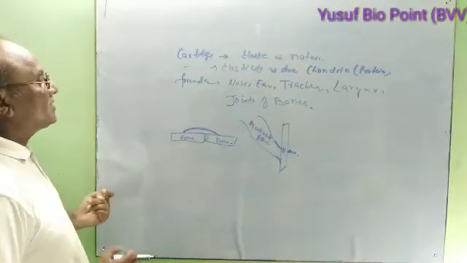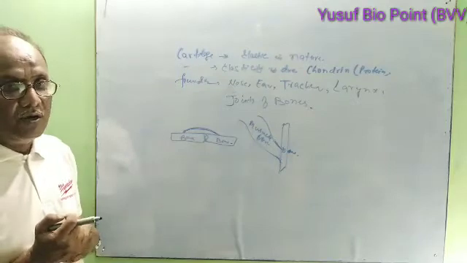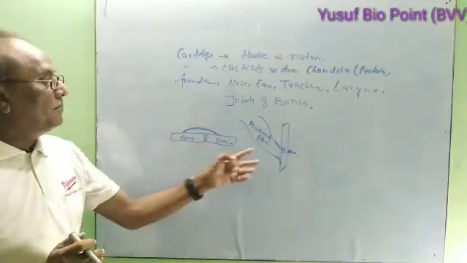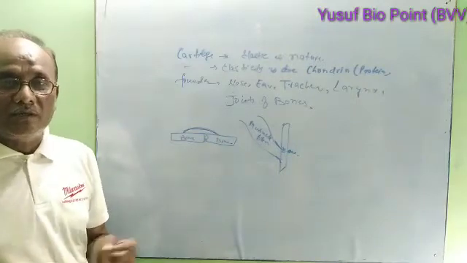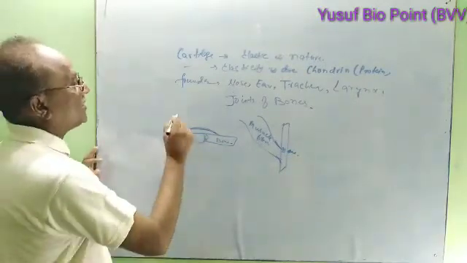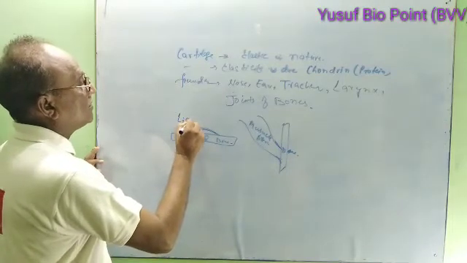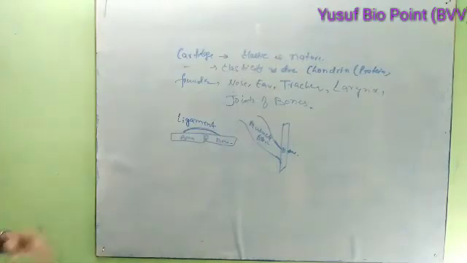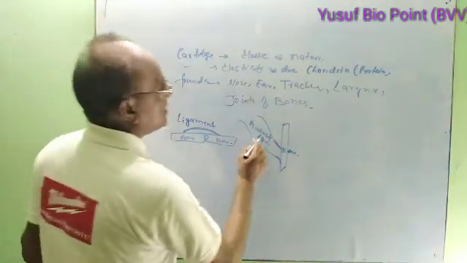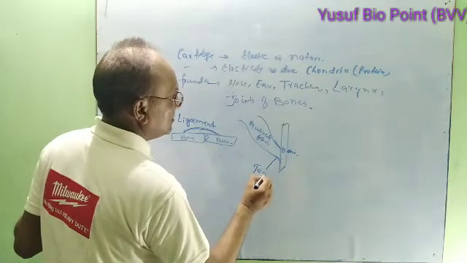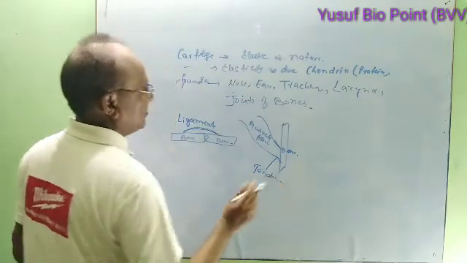Sometimes it is asked how the two bones are connected and how the muscle is connected with the bones. Okay. So the two bones are connected by ligaments, and similarly muscle and bones are connected by tendons.